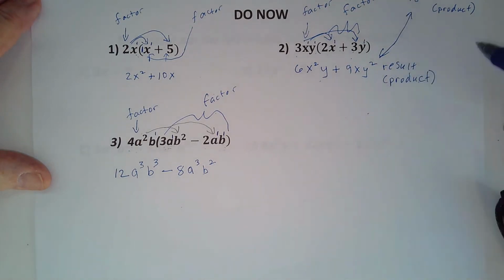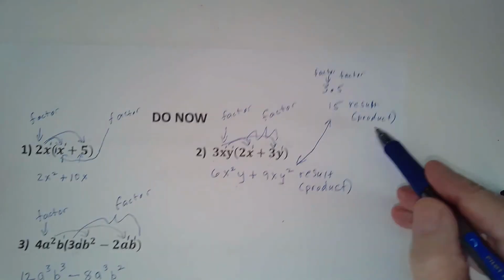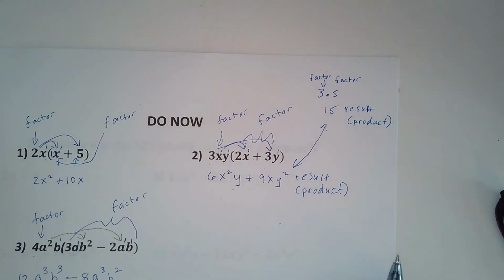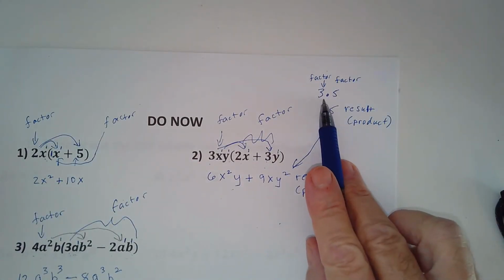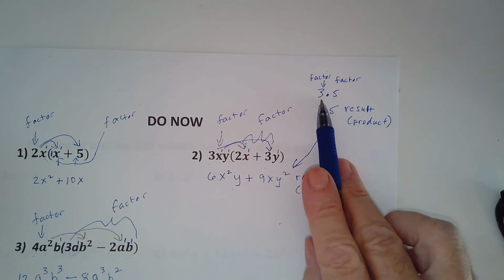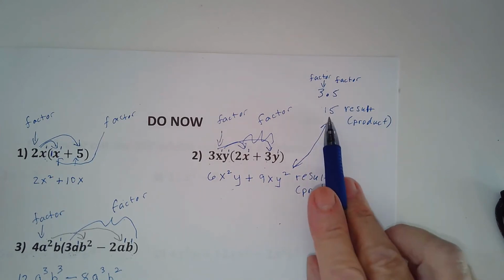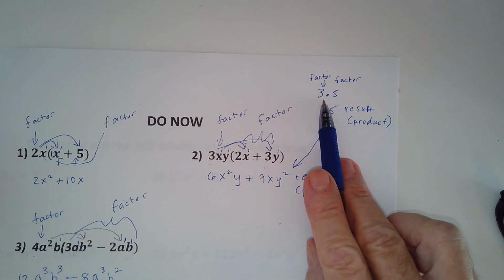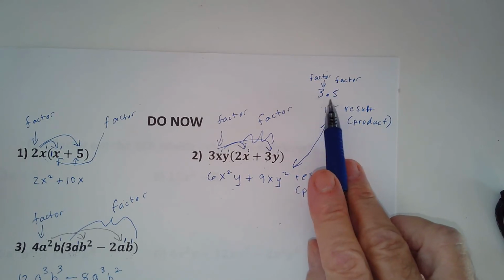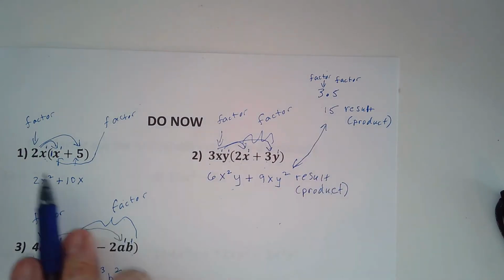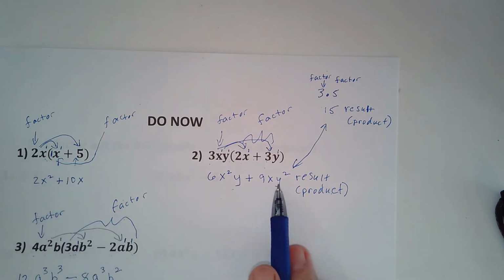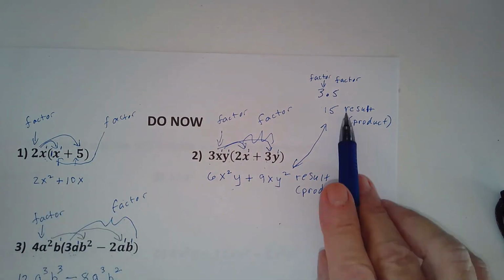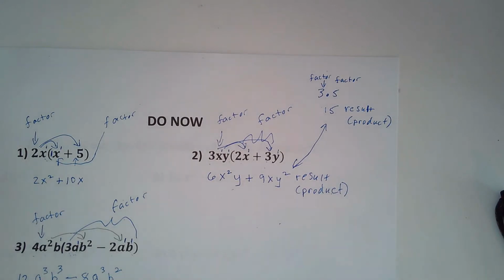That's just the same as this simple situation that I showed you up here, where you're multiplying the two factors, 3 times 5, just like you're multiplying these factors together and these factors down here together. You get 15. That's your result, the product.